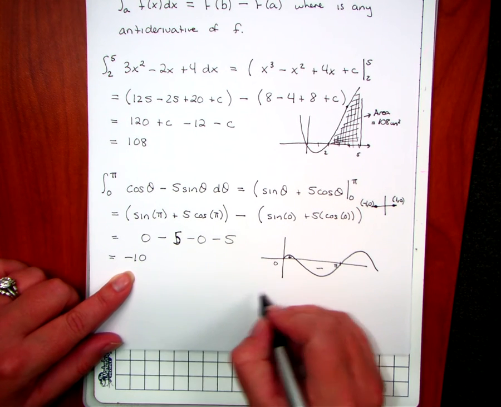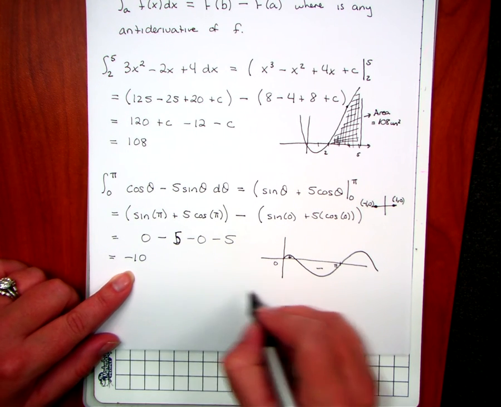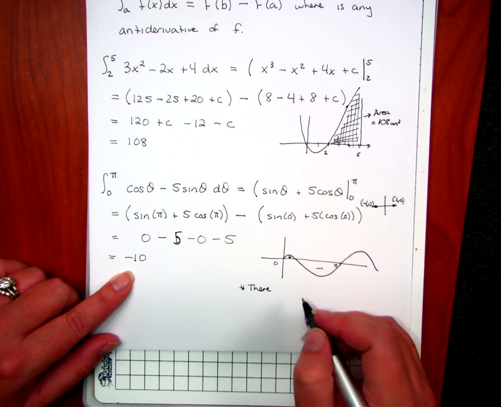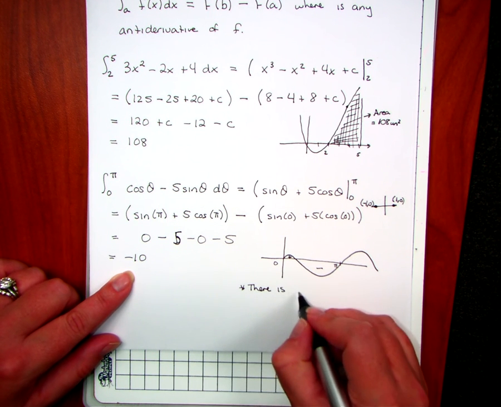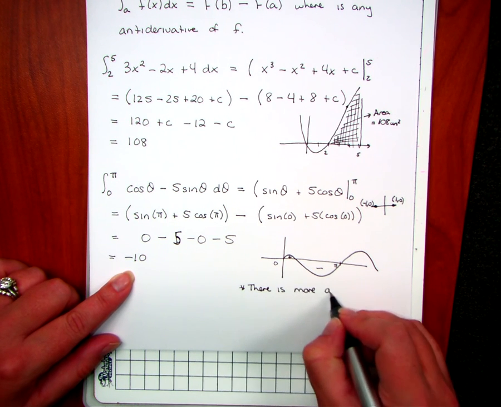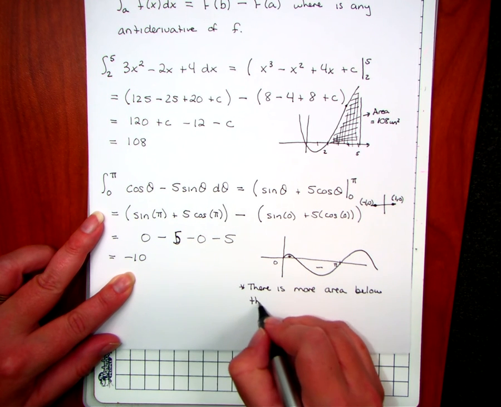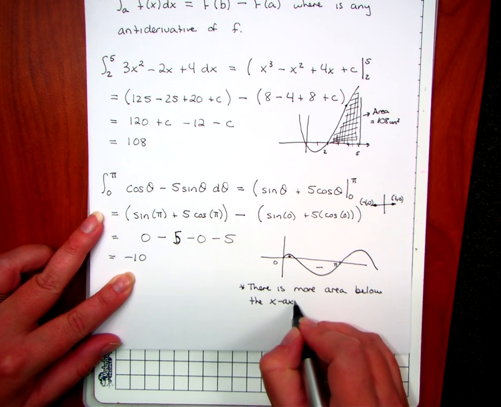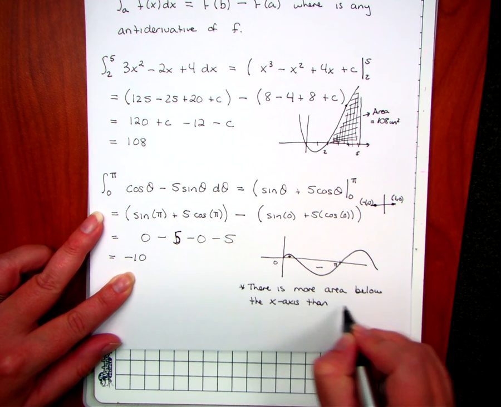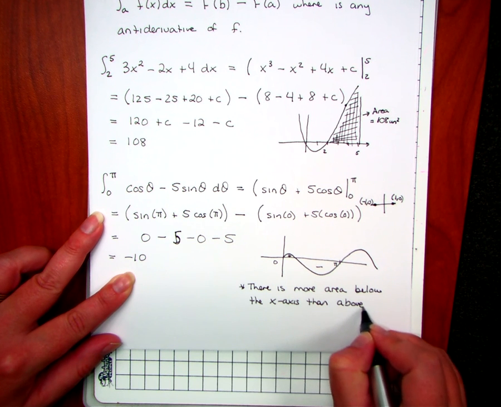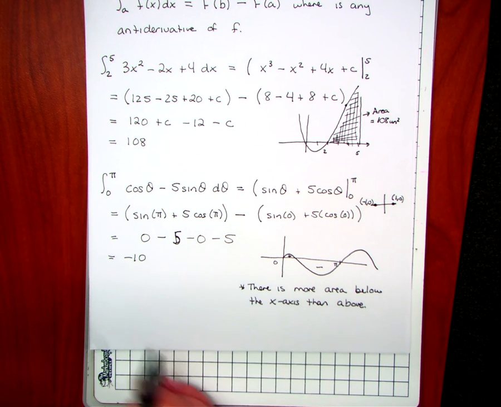So I'm just going to write that: there is more area below the x-axis than above. So negative integrals are possible. It's just calculating the area under the curve.